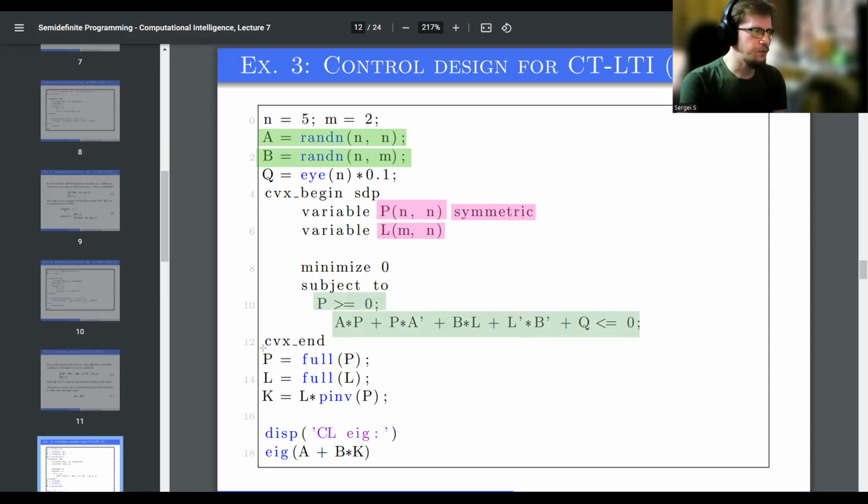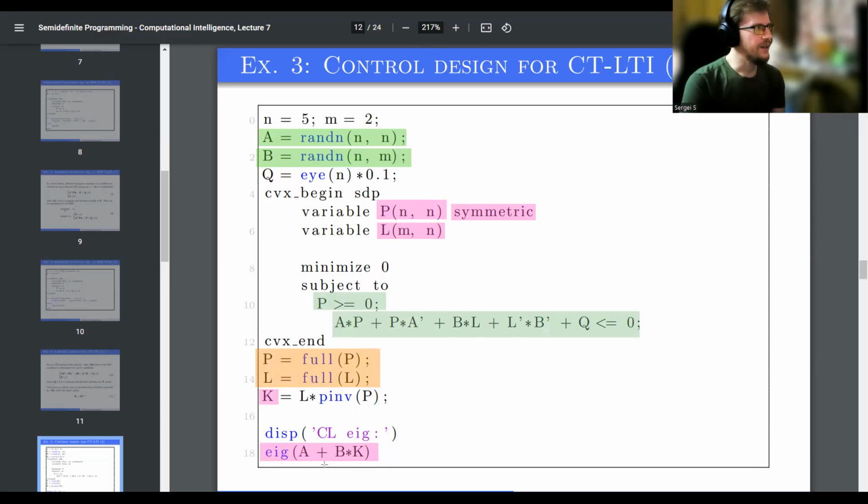Now, to convert P and L to numbers from CVX variables, you do this. Full means you convert into numbers. Then you can compute K as L times the inverse of P. And then you can print the eigenvalues of A plus BK, and remember, because the control law was U equal to KX, not minus KX, there's a plus here.